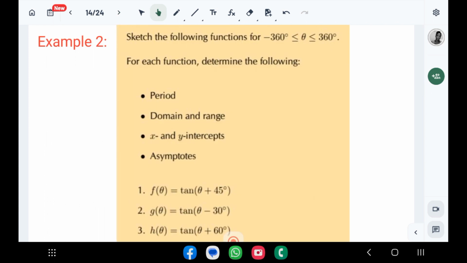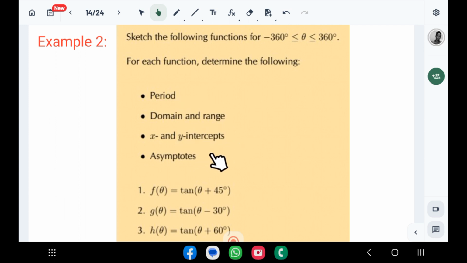Now let's look at example 2, which will illustrate how we deal with functions of the form y equals tan of theta minus p. Sketch the following functions for theta between negative 360 degrees and 360 degrees. For each function, determine the following: the period, domain, and range, x and y intercept, asymptotes.